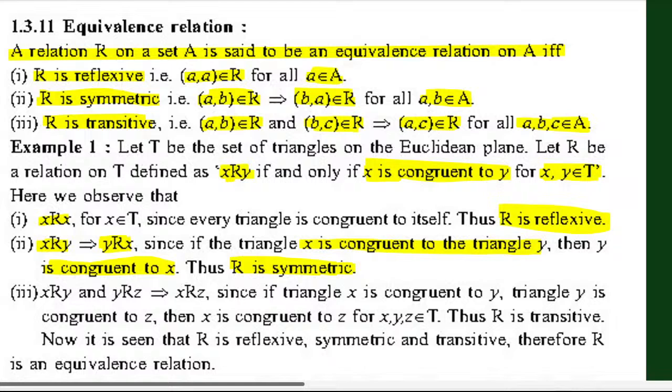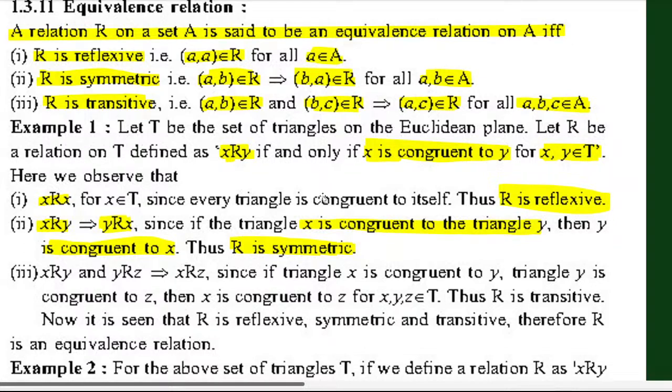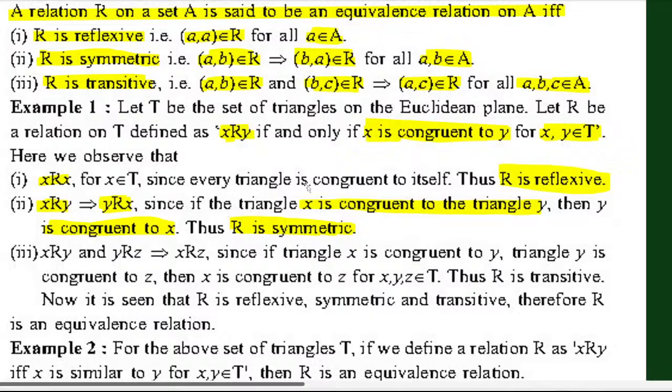Now, so far there are two triangles. Let's introduce one more triangle, Z. So X is related to Y, that means X is congruent to Y. And Y related to Z means Y is congruent to Z. So by default, X will be congruent to Z. Yes, since all of these are congruent.